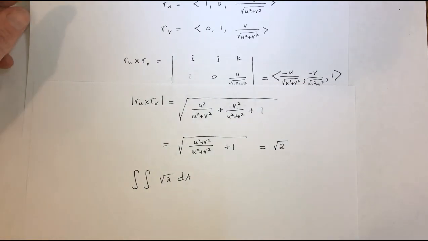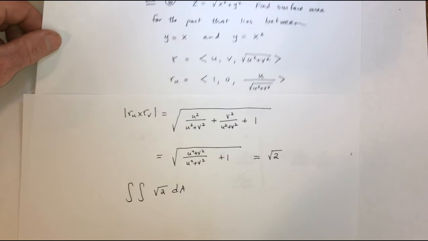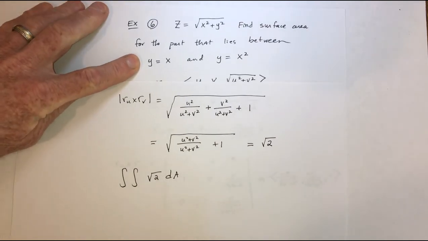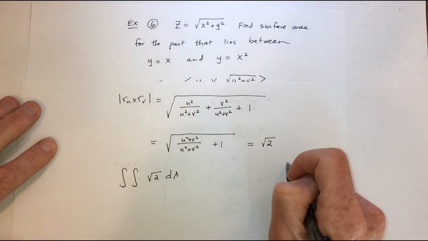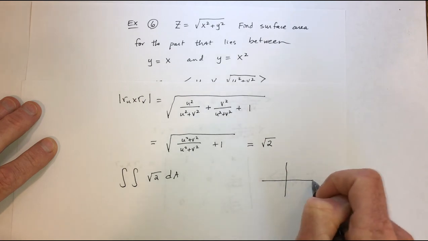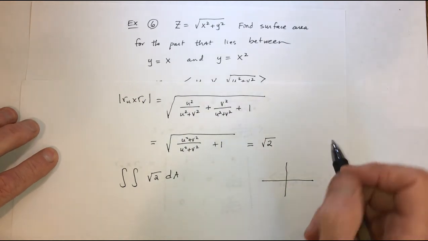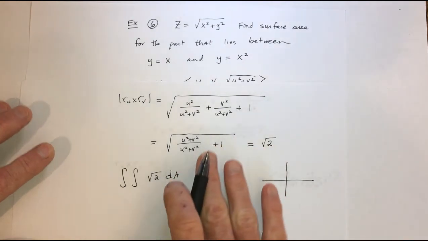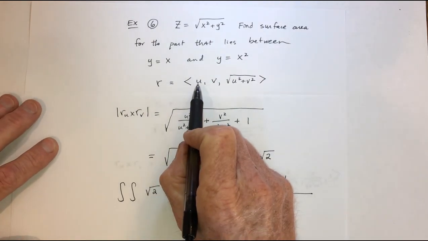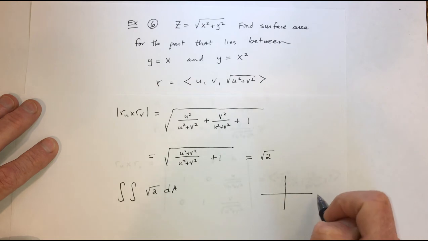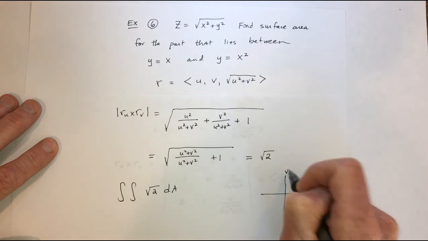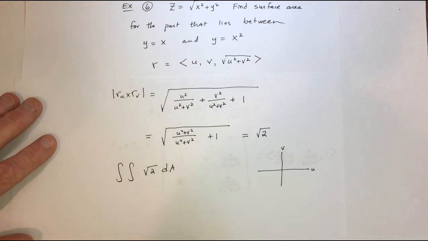Now, what's the area? That is where this part comes in. I've changed over to u and v, where u is equal to x. So this would be the u-axis, this would be the v-axis.